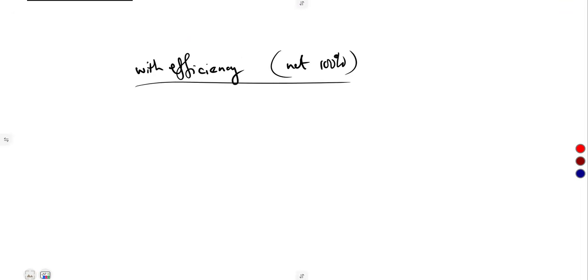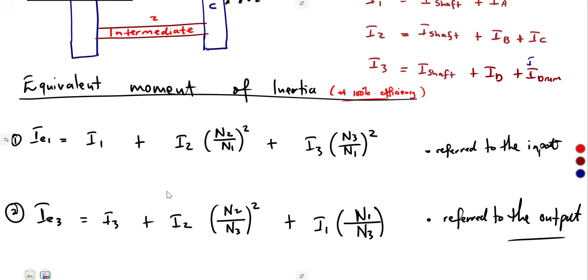When the efficiency is any other efficiency, not 100%, we have to consider the efficiency in our calculation referred to the input. You divide by what? Efficiency. So this is going to divide here and divide here.